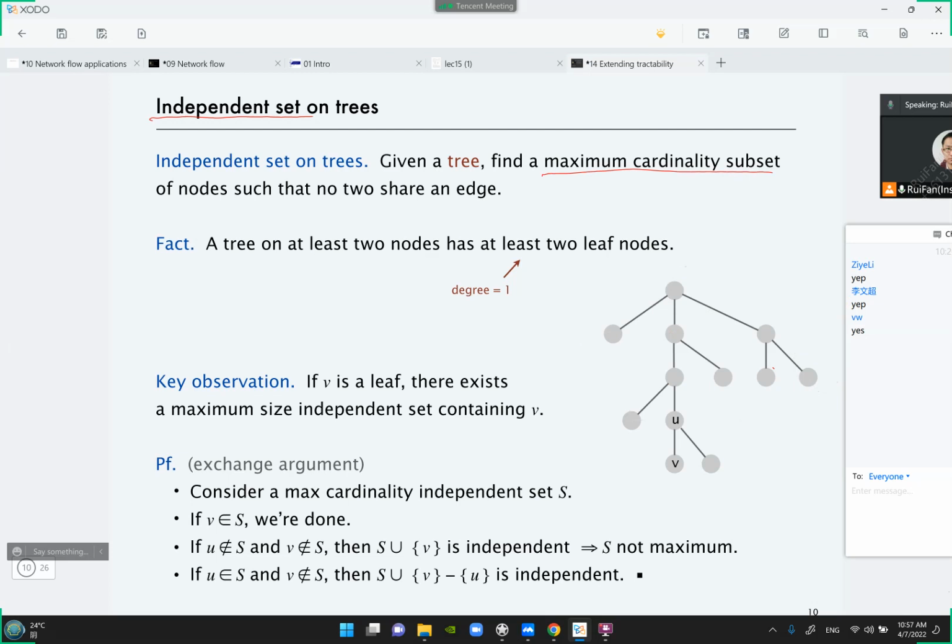One motivation for this problem is that suppose these nodes represent things that you're trying to do, and edges represent some sort of conflict between these tasks. For example, let's say you want to watch a movie, so that's a movie node. Then here you're trying to do some work. If you watch the movie, then you can't do work, so there's a conflict between these 2 tasks, and we put an edge between them.